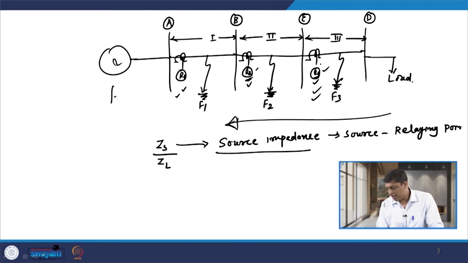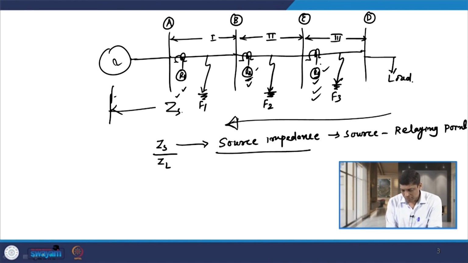So, this is the source impedance ZS. If I consider relay R2, then for relay R2 the source impedance ZS is up to this point, up to substation B. What is load impedance?